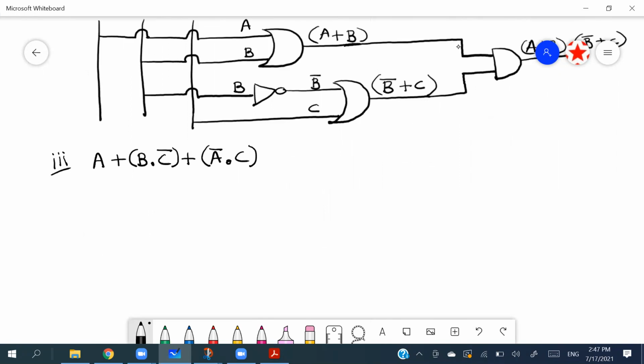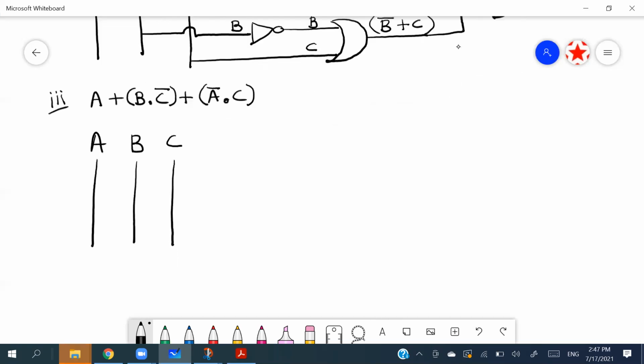Here we have A, B, and C again. So we've got three variables inside the expression: A, B, and C. Here we have to create B dot C bar, A bar dot C in the brackets, and A is alone. First of all, we have to deal with the brackets.